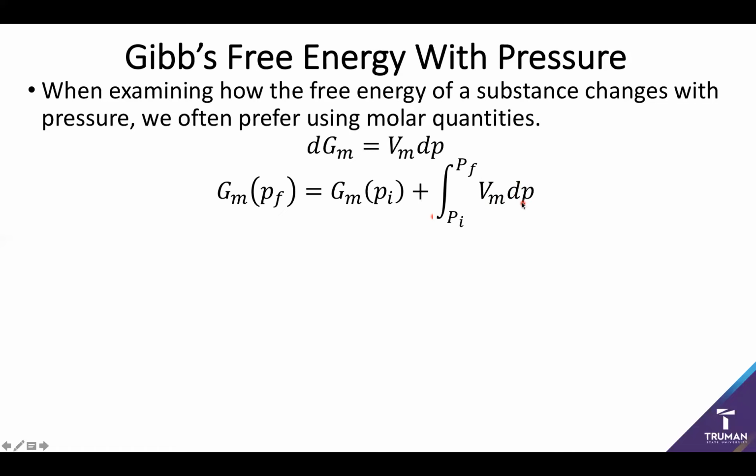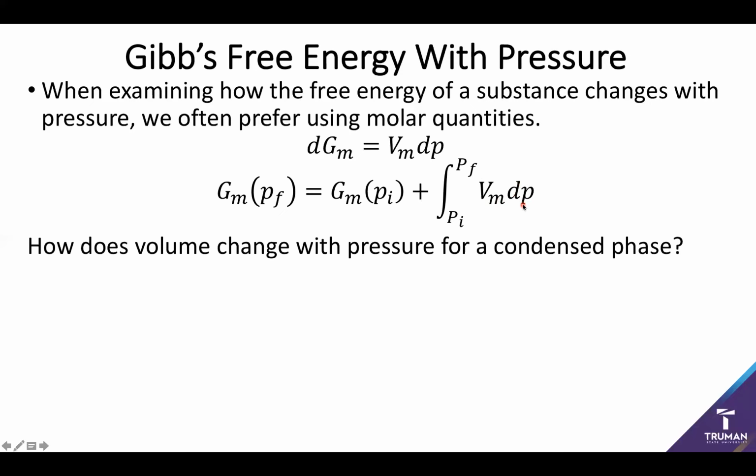So we're going to start with almost the easiest case of a condensed phase, say a solid or a liquid. So our question is going to be, how does our volume change with pressure for one of these condensed phases? Well, in general, unless I'm putting a real ton of pressure on top of, say, water, it's more or less going to have the same density or molar volume.